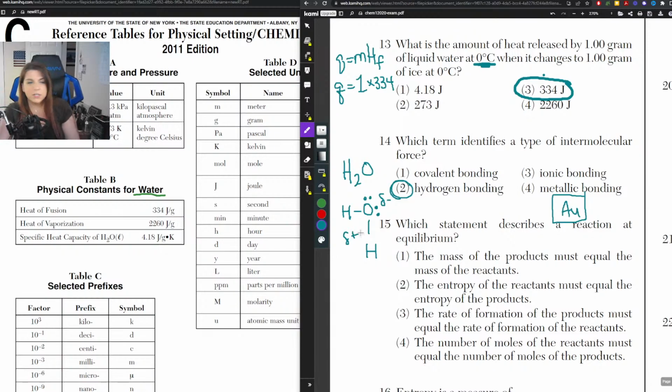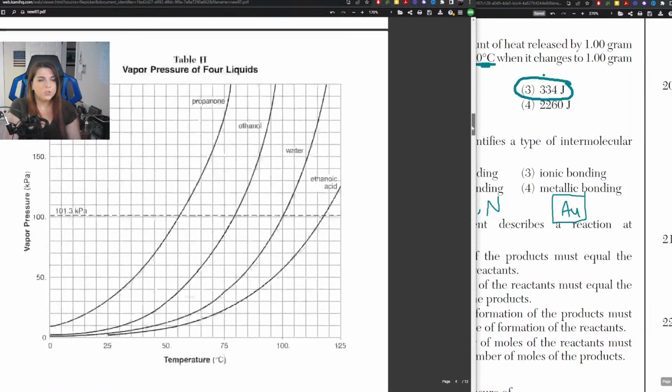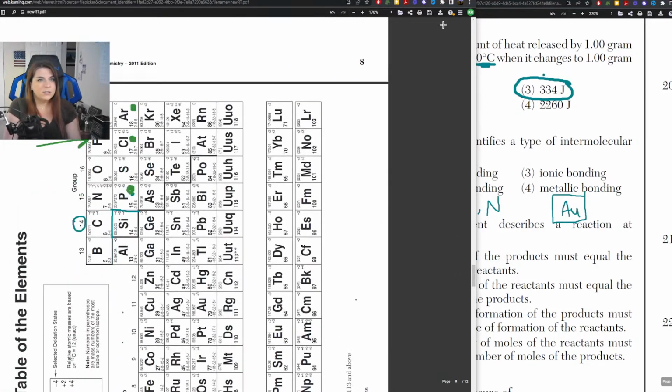And specifically, hydrogen bonds occur if there is a hydrogen on the molecule that is bonded to a FON element. So that would be fluorine, oxygen, or nitrogen, any of those. And if you take a look at the periodic table, those three elements are together, and that's not a coincidence.